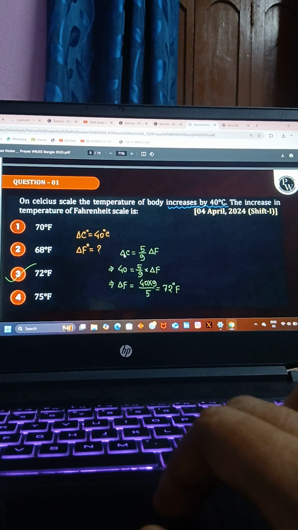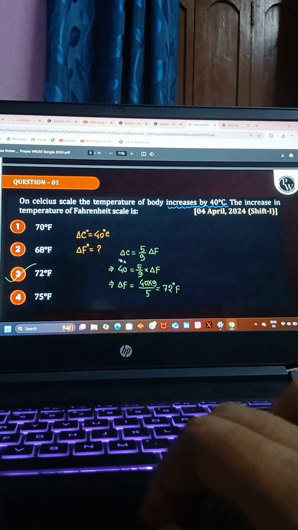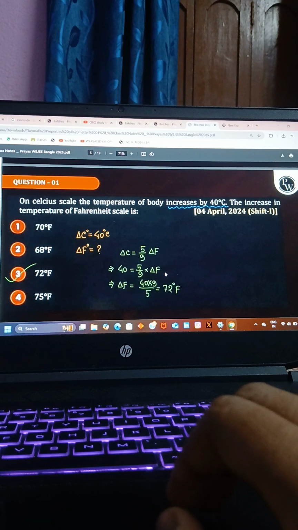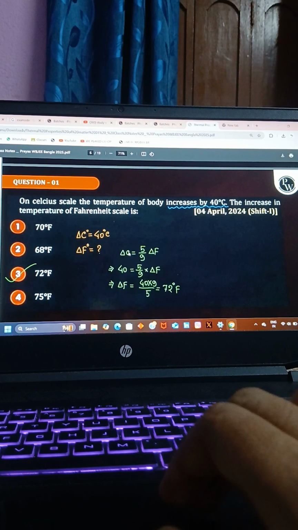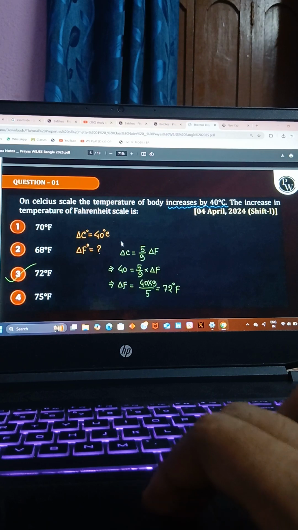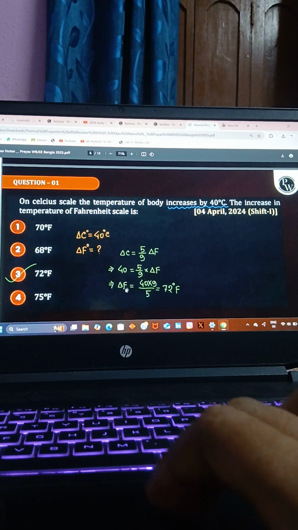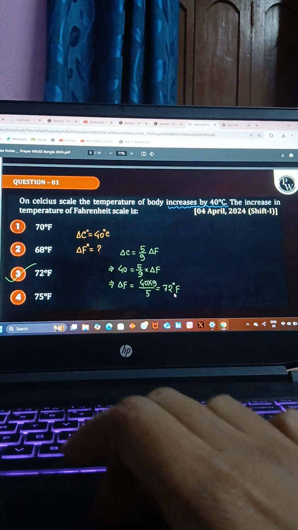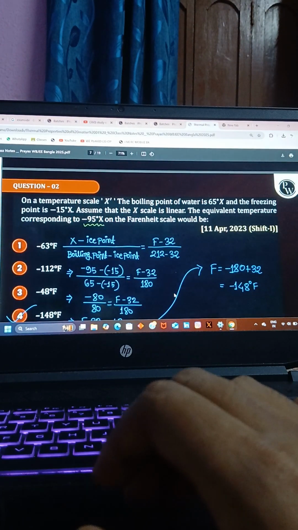Change in Celsius scale equals 5 by 9 into change in Fahrenheit scale, and if we put the value of the change in the centigrade scale as 40 degrees, then we find 72 degrees Fahrenheit. Okay, let's move to the next question.